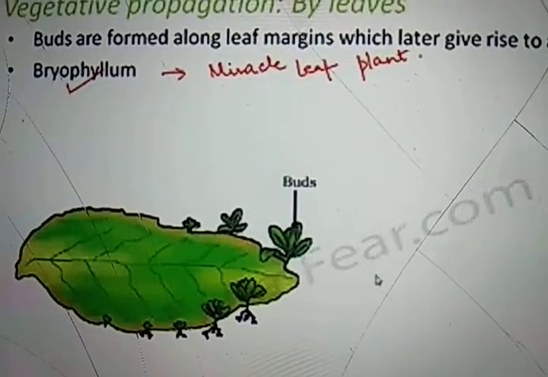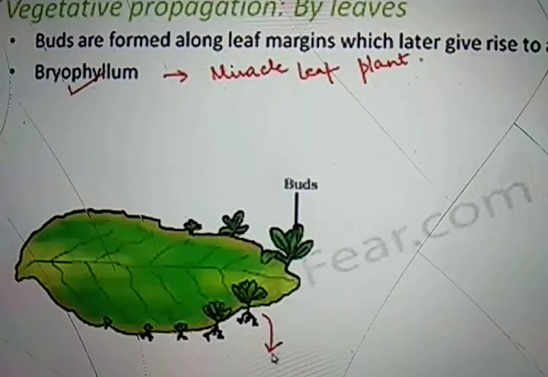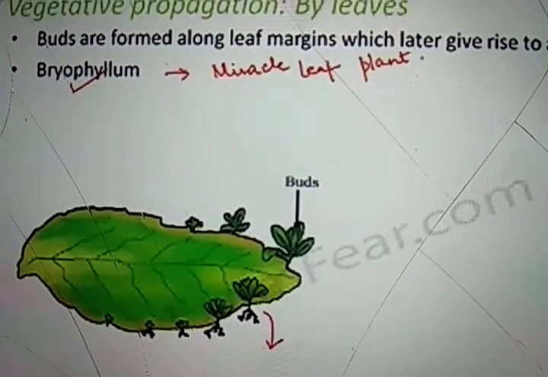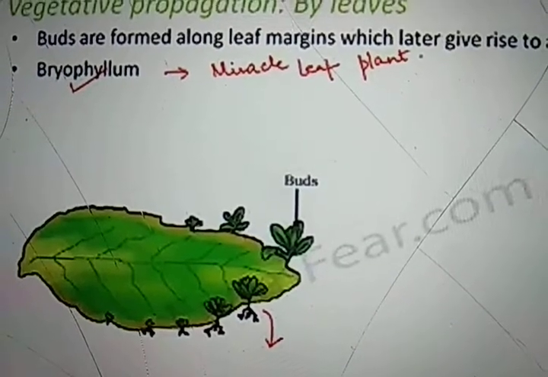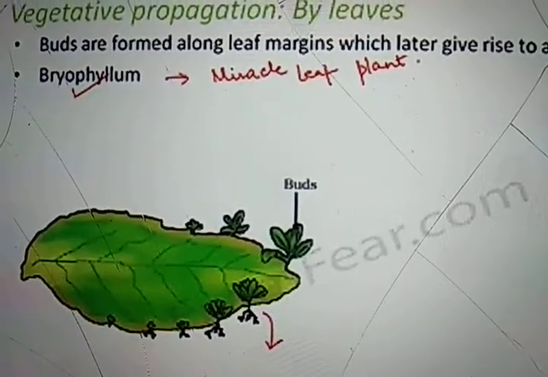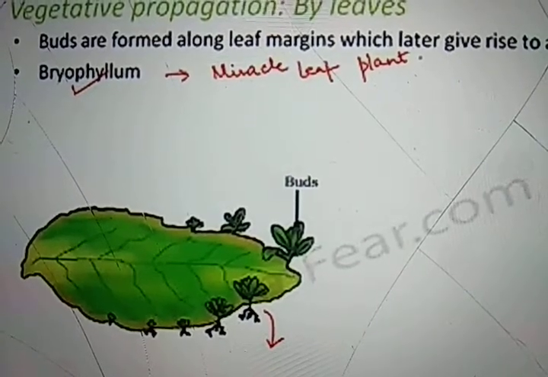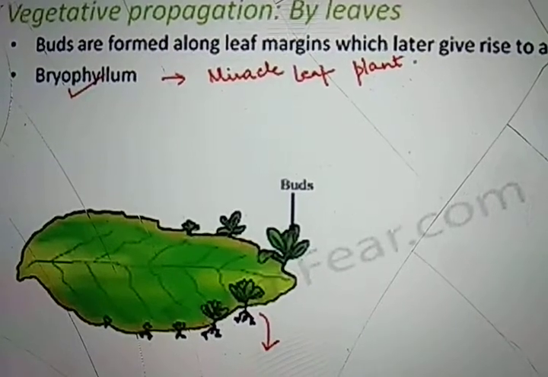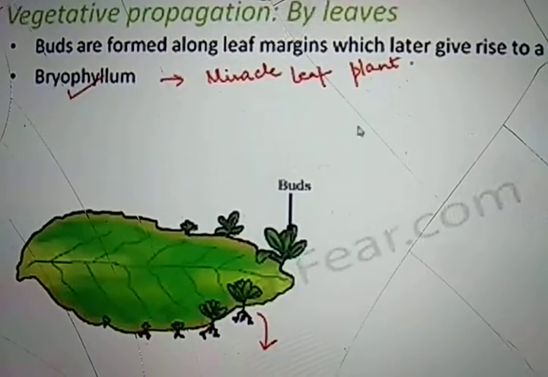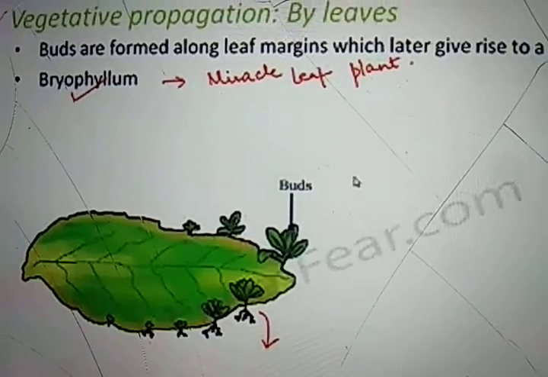In fact, they might get carried by some animal, by water, by wind, and when they fall on the soil, they give rise to a new plant. So basically, from one plant, buds can get transferred and give rise to a new plant. So this is called vegetative propagation through leaves.